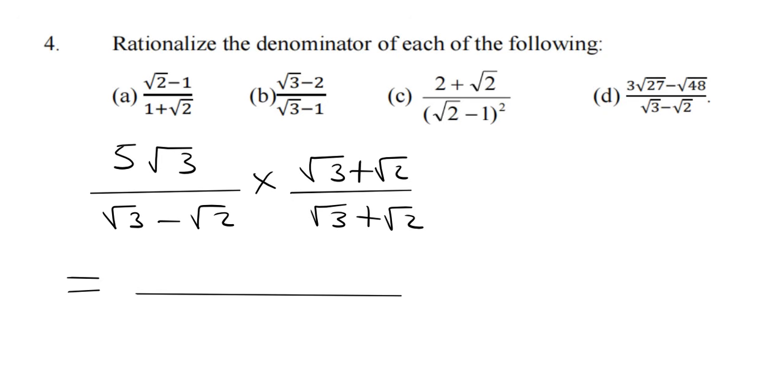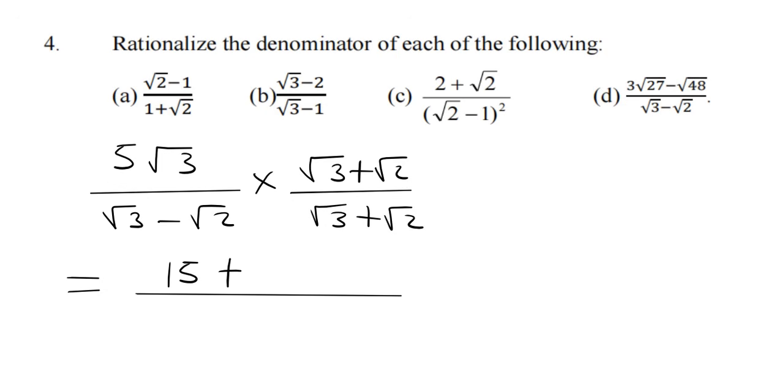In this case, we've got 5 root 3 multiplying by the whole expression. So when it multiplies with the root 3, we're going to have root 3, and root 3 will give us a 3. That 3 is going to multiply with the 5 in front. We're going to have a 15 there. Then plus the same 5 root 3 multiplied by root 2 there.